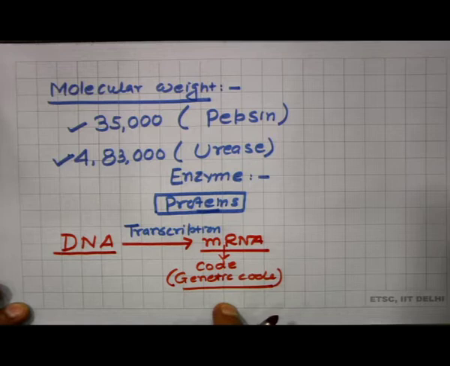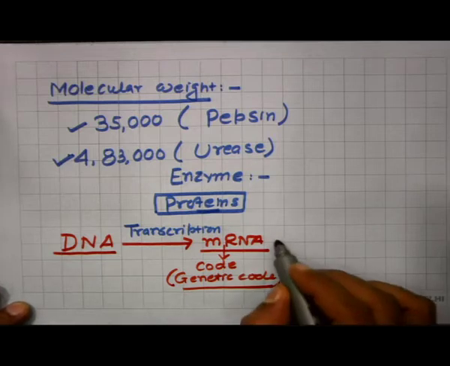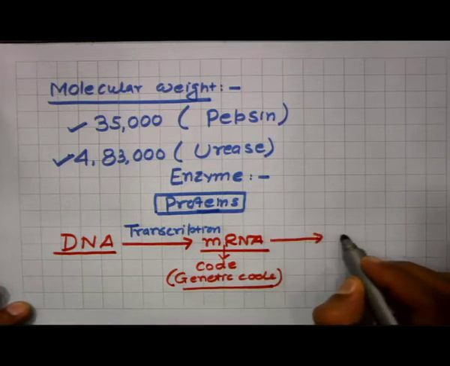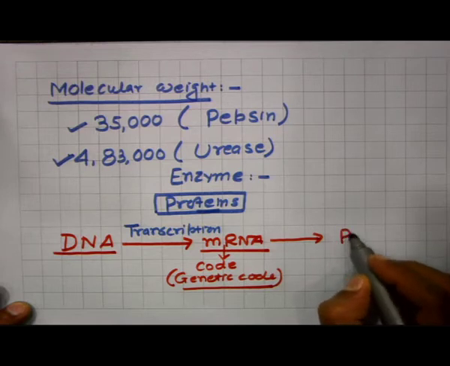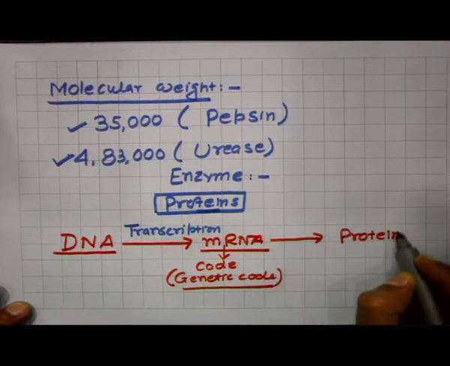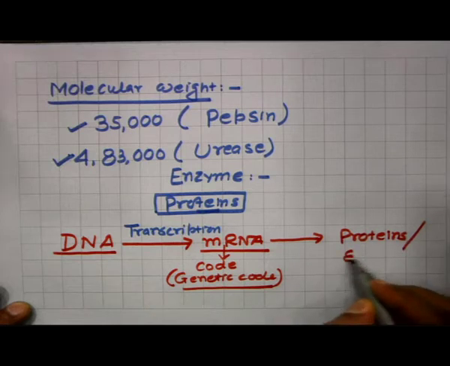You will learn the genetic code in class 12th. Now, this messenger RNA forms protein or enzymes.